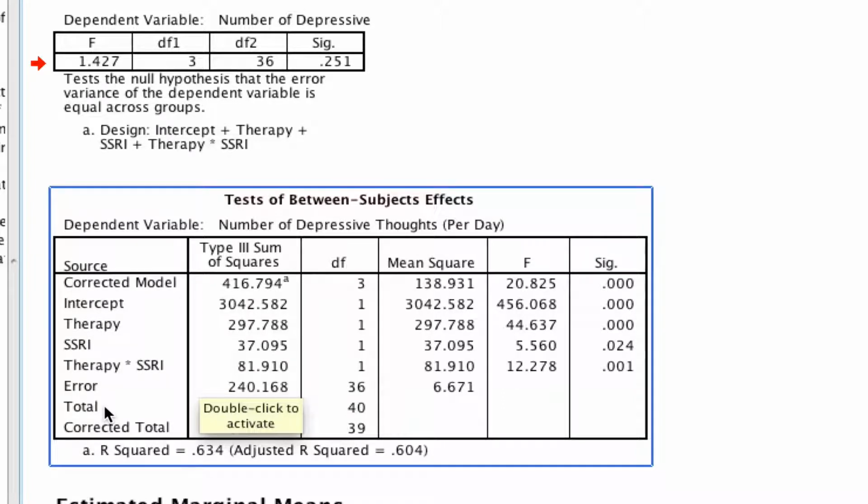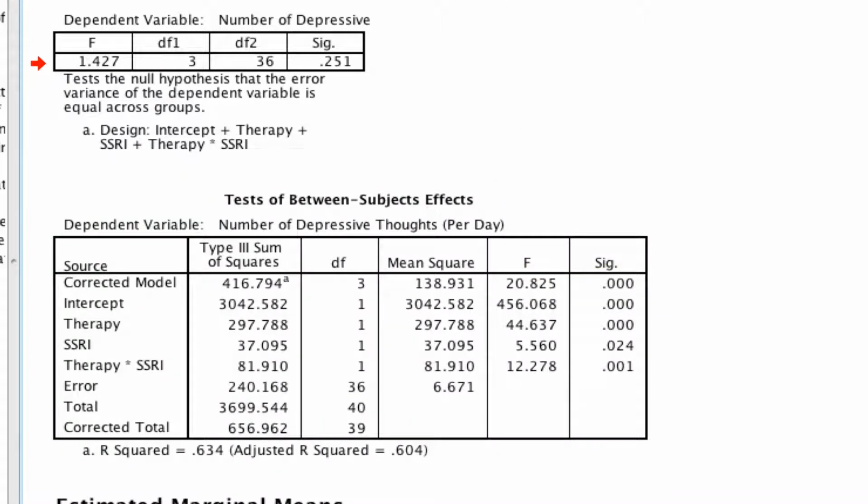Well, because we were comparing both the SSRI groups at each level of therapy, we also have the sums of squares for the main effect as well. So if we add 81 plus 37, we notice that is 119.